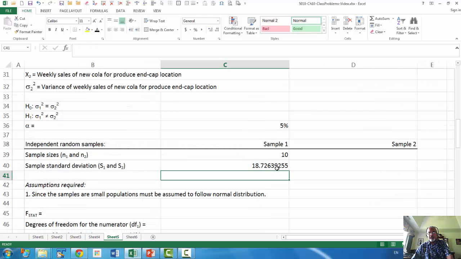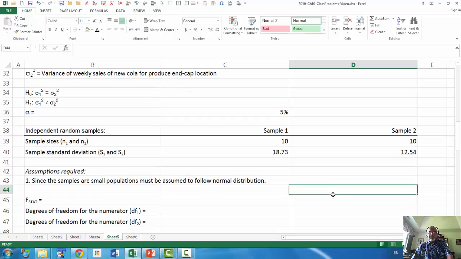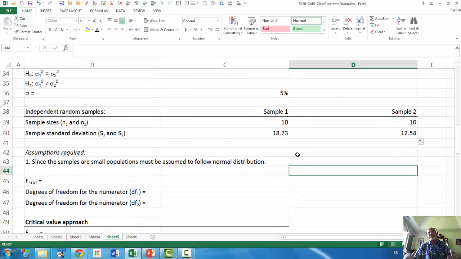Now if we copy it over to the next column, you'll get the corresponding statistics for sample 2. Now since the samples are small, we have to assume normal distribution for the underlying population. If the samples were 30 or more, then we don't have to assume that.